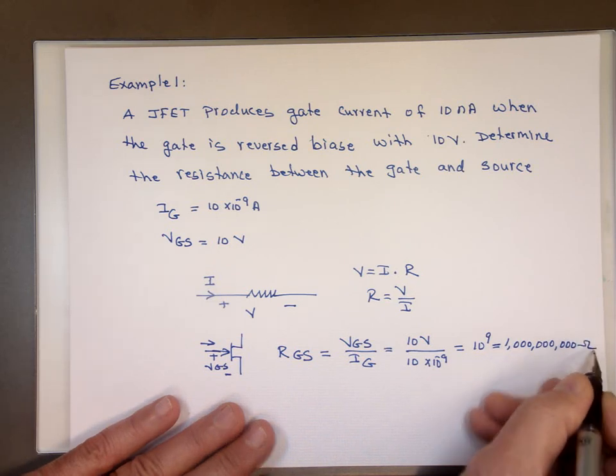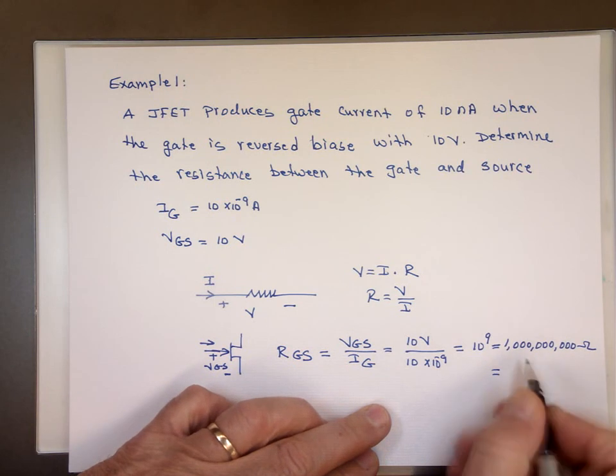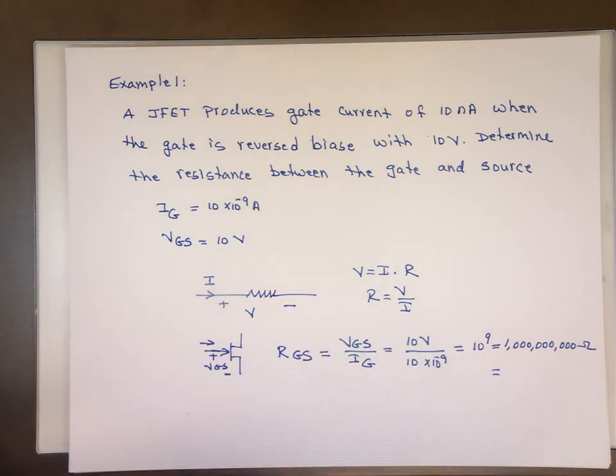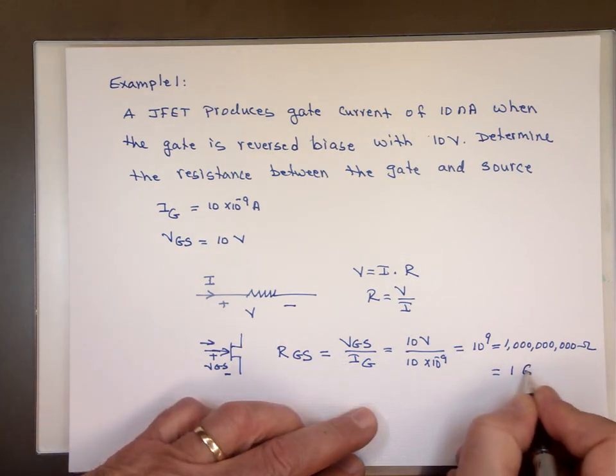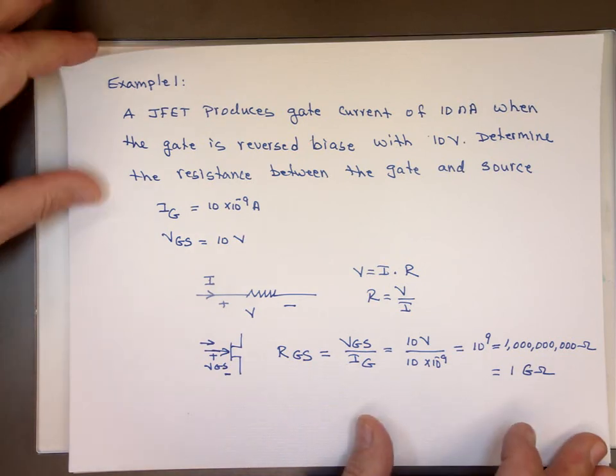Ohms. 1 gigaohm. So that impedance, we said FETs are famous to have a large input resistance. So we're talking about 1 gigaohm resistance. That's the first example.